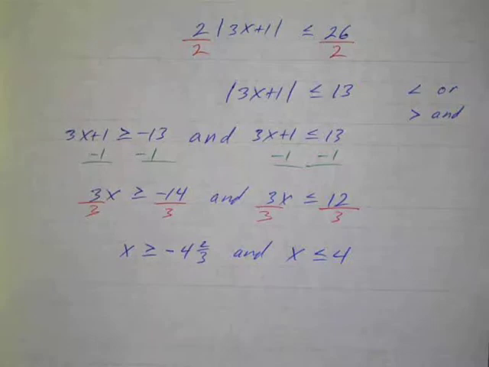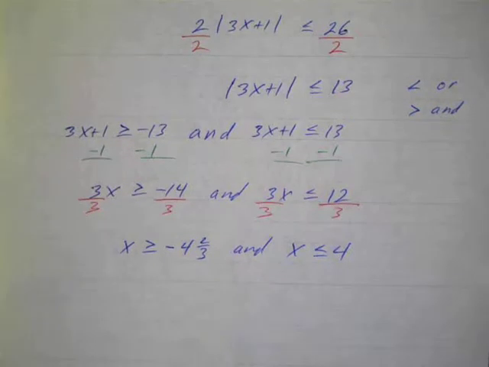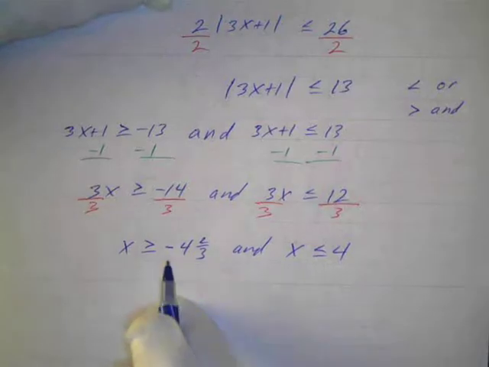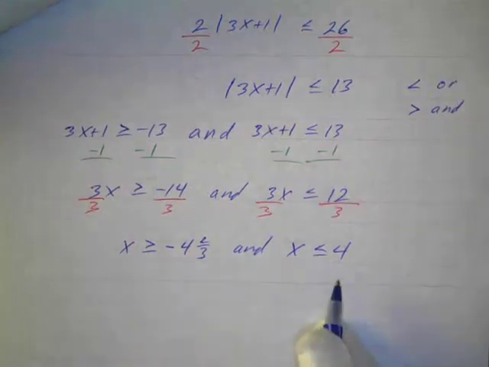Now there's a couple of ways to do this when we want to graph the solution. Since it's a conjunction, we can write it as one inequality: x is less than or equal to 4, but greater than or equal to negative 4 2/3. So that means x is between negative 4 2/3 and 4.